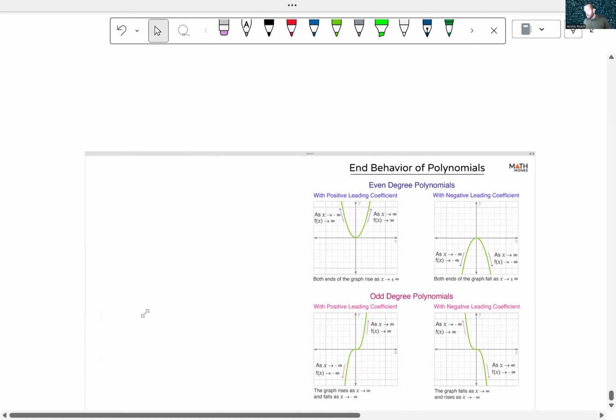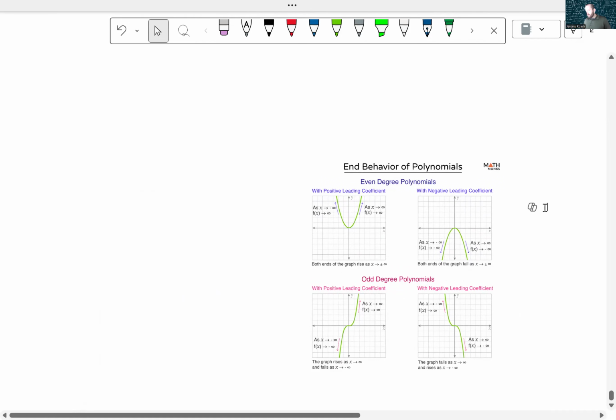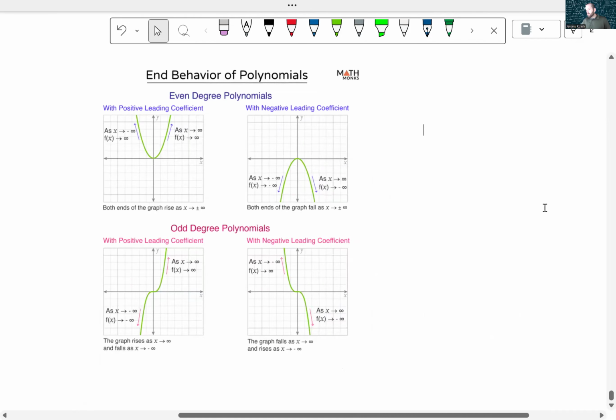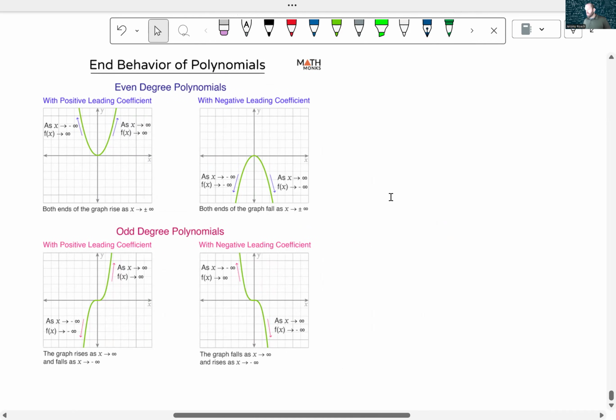So here's basically the rule for polynomials and end behaviors. We look at the leading coefficient. So if we have something that's like, for this one, y equals x squared, the leading coefficient or the leading term is x squared.